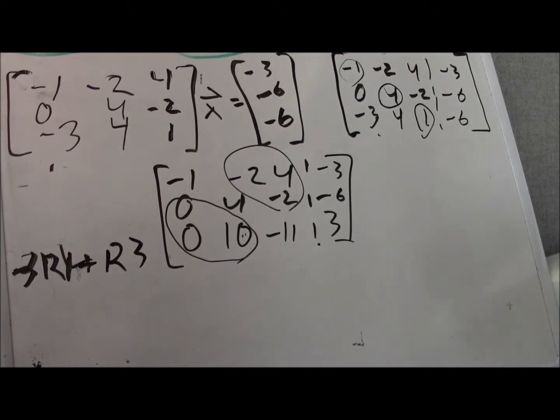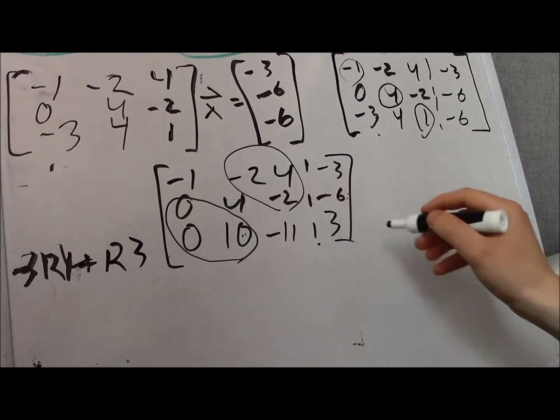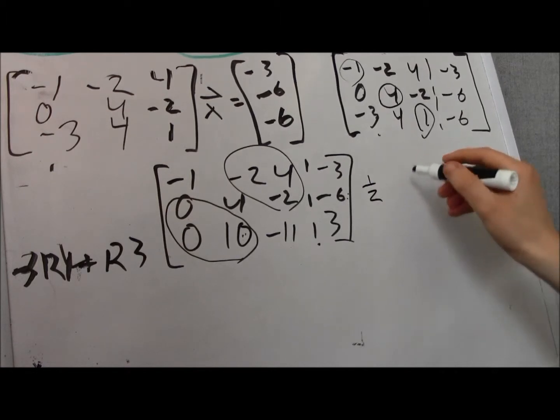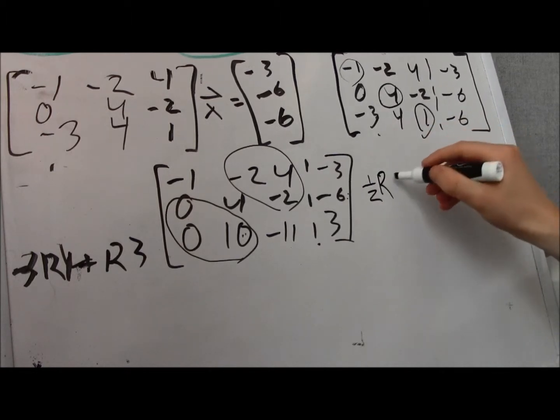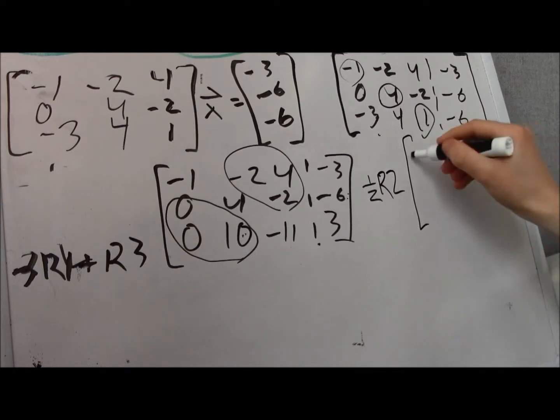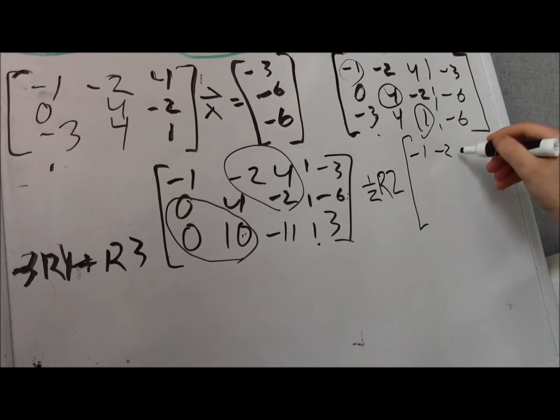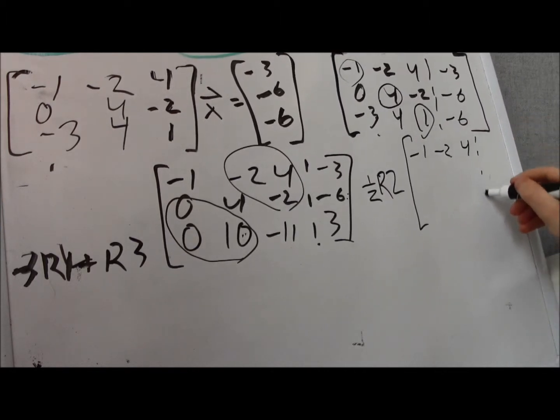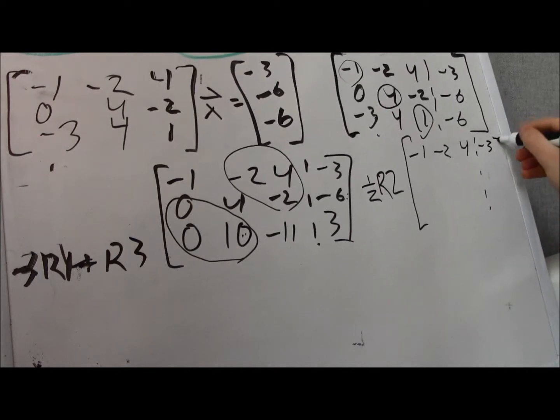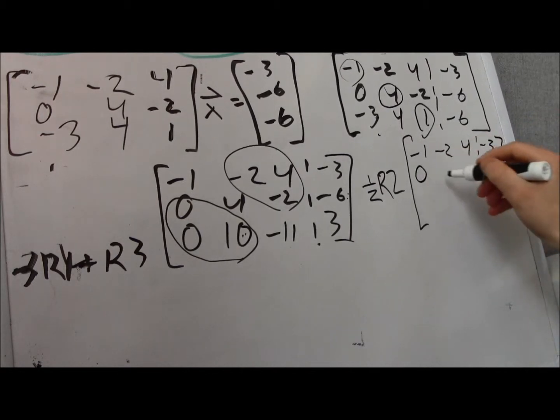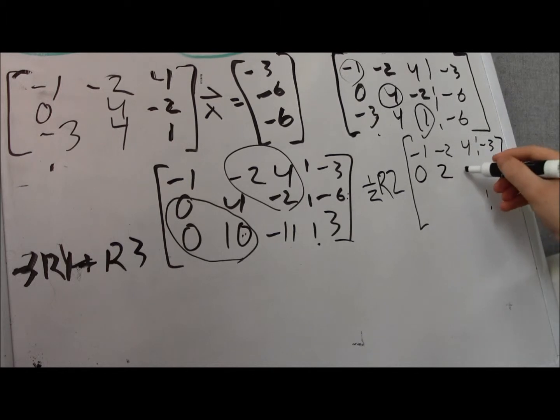First I can see that this row is divisible by 2, so I'm just going to divide that by 2 really quick, because it's a lot easier to work with nice numbers. So divide by 2.